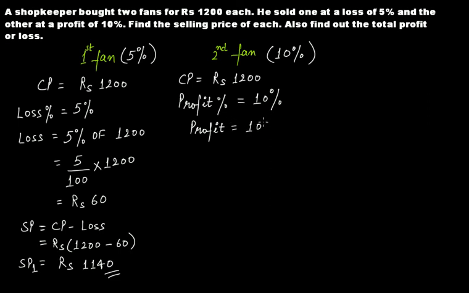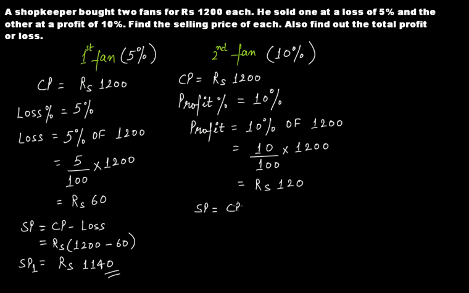So 10% of the cost price, that is 1200. So you get 10 by 100 multiplied by 1200, and your profit comes as rupees 120. So since you're making a profit of rupees 120, your selling price will be cost price plus profit.